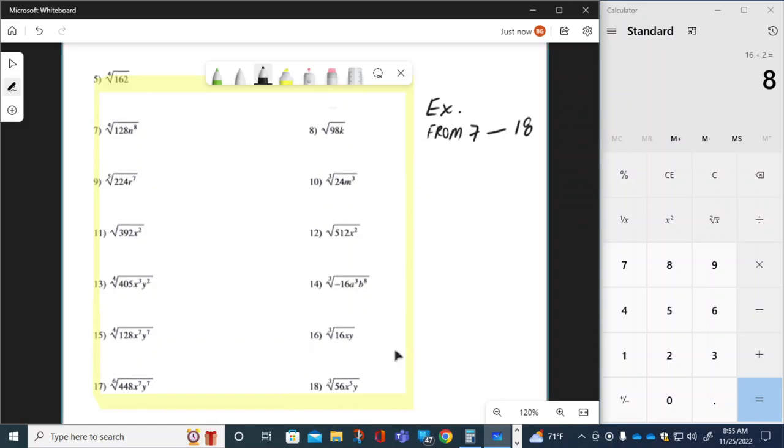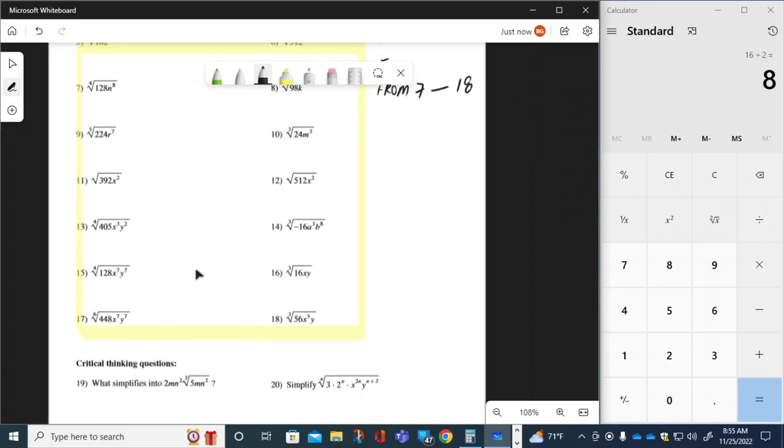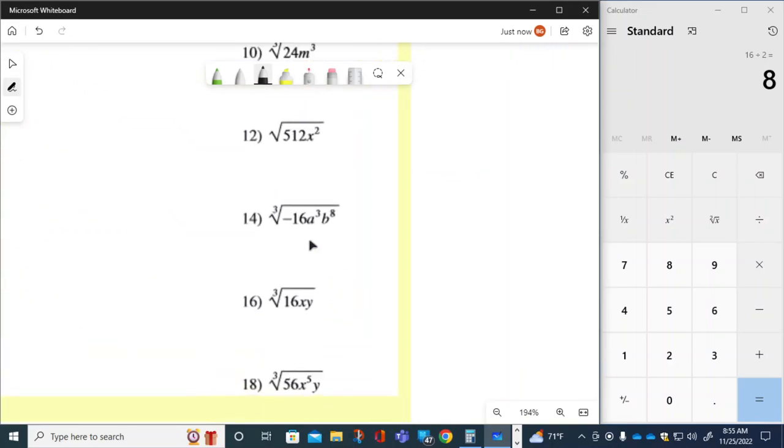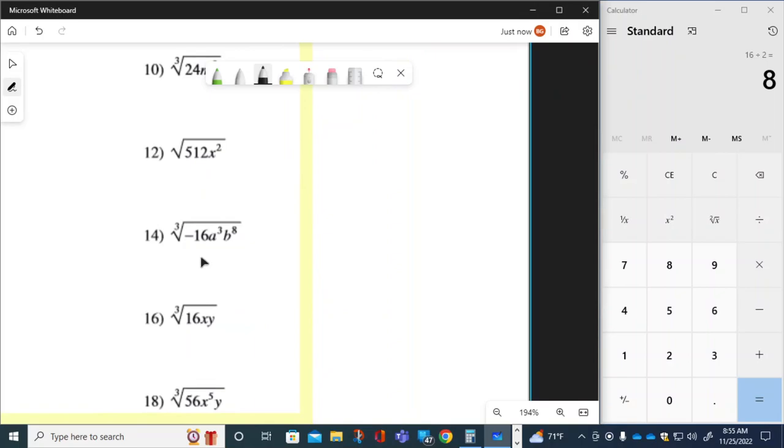So I'm going to pick the hardest one that I think it is, which is maybe 14. Okay? All right, so this here is the cubic root of this whole thing. So we are going to take them one at a time.